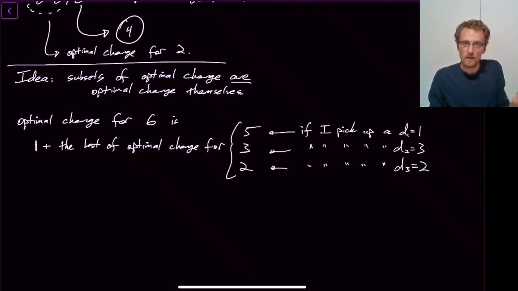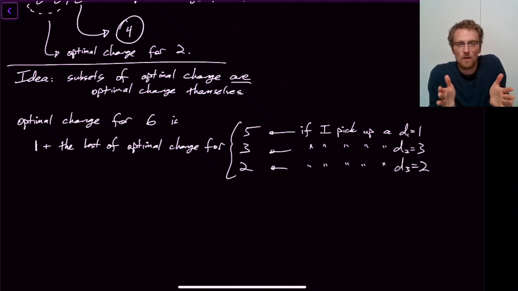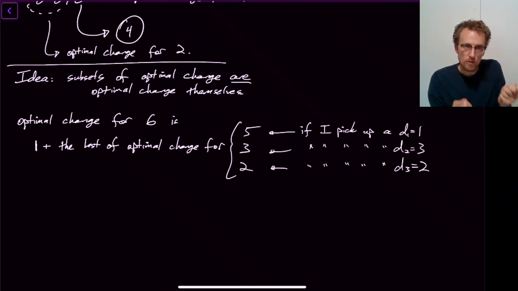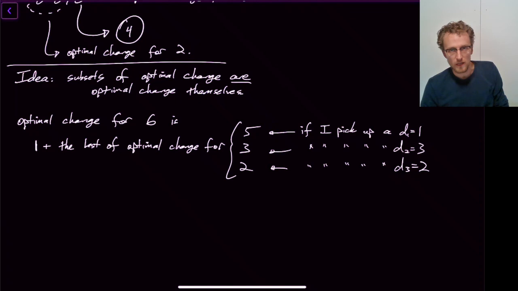Because if I'm trying to find optimal change for 6, I can notice that all I need to know to identify what optimal change is for 6 is optimal change for 5, optimal change for 3, and optimal change for 2, right? Because one of those options will be contained in optimal change for 6.